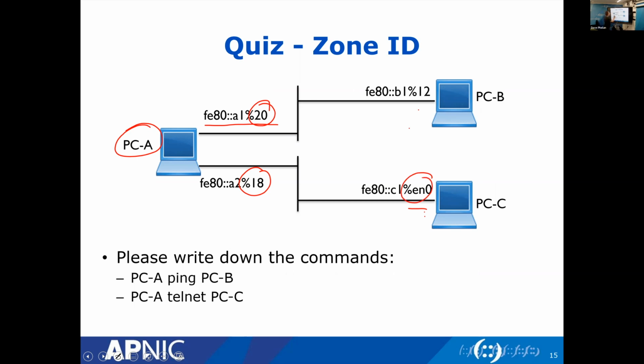But if I was going to ping from PC A to PC B, which zone ID would I have to specify? So going from A to C, what would it do? Do I specify that zone ID? Or am I specifying that zone ID when I ping from A to B? Somebody other than Rennick.